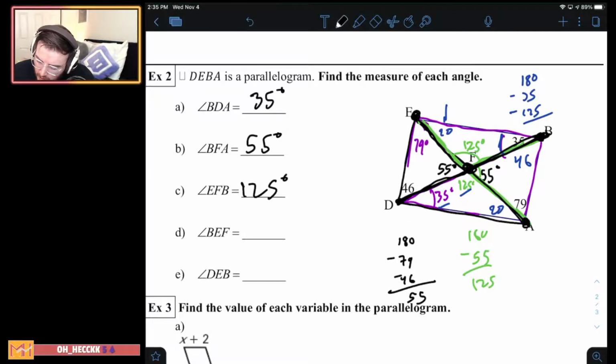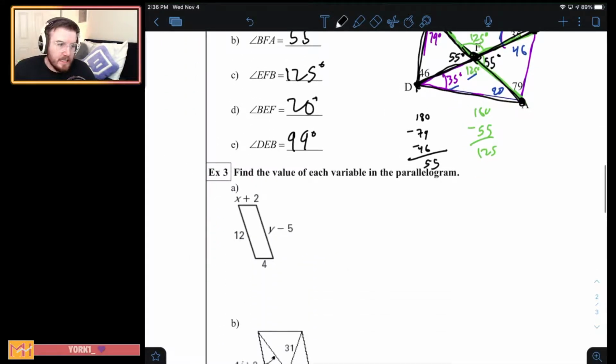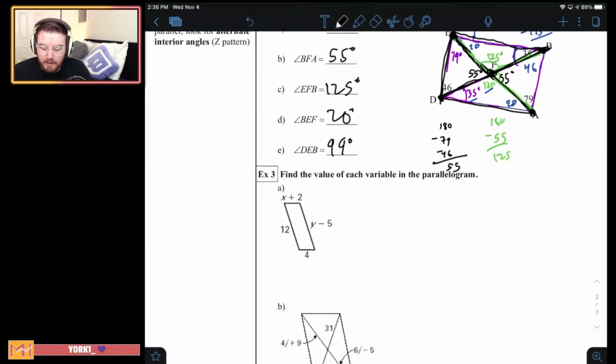B to E to F is the 20. And then D to E to B is actually a combination of the 79 and 20. So that's 99. Like I said, go back and rewatch that if I hit anything too quick.